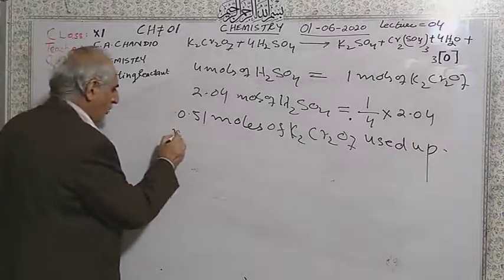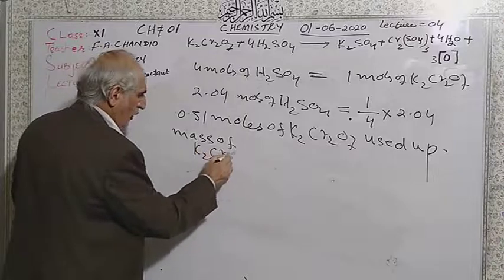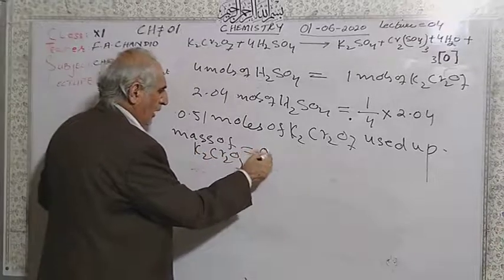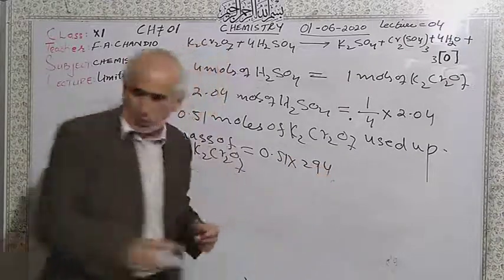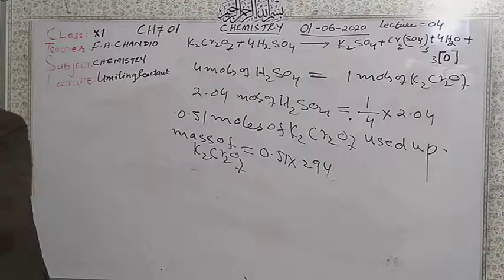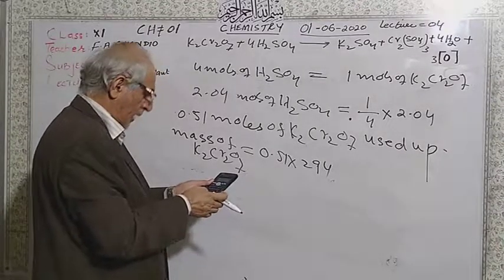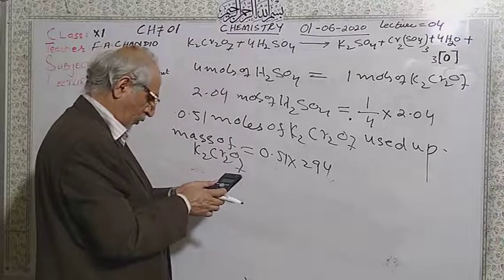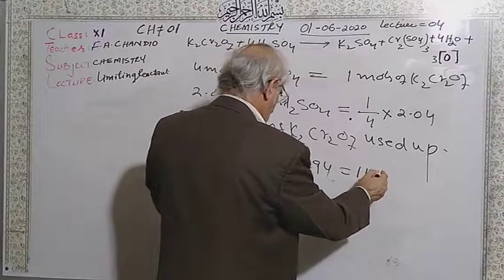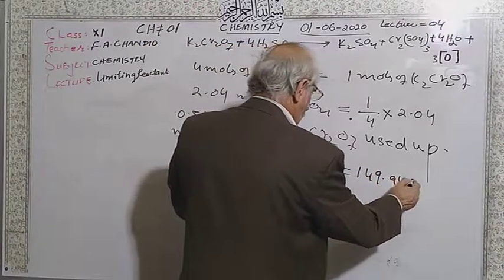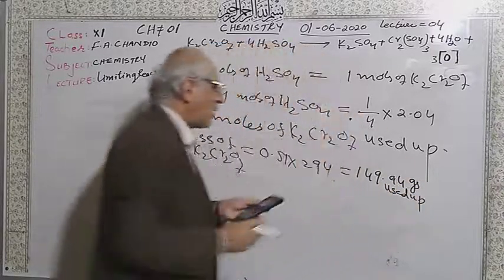So if you calculate the mass of potassium dichromate used up, 0.51 multiplied by 294, the answer is 149.94 grams used up.